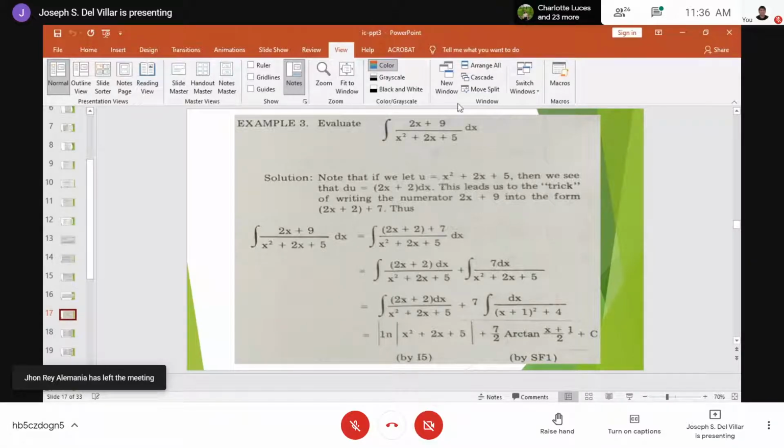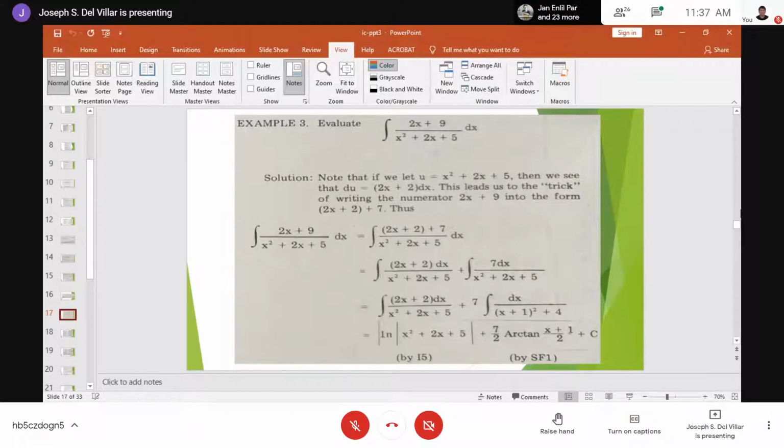Because pinapattern natin yung sa numerator na 2x plus 9. Okay? So writing the numerator as 2x plus 9 into the form 2x plus 2 plus 7. Okay? So we have 2x plus 2 plus 7 all over x squared plus 2x plus 5.